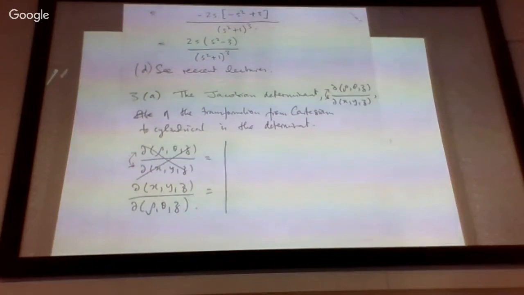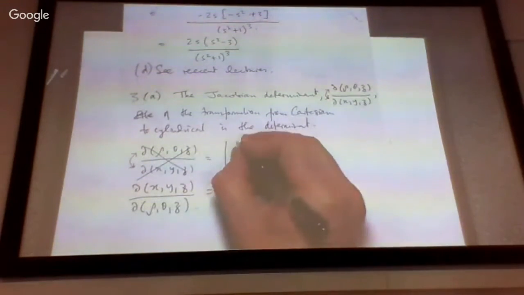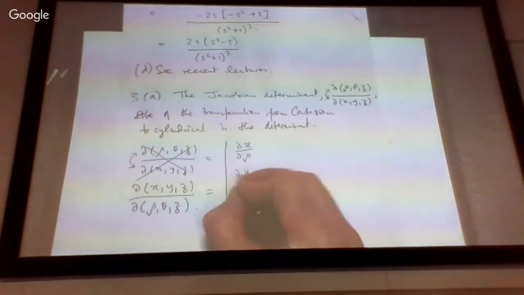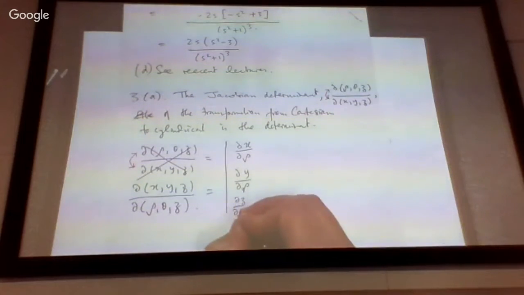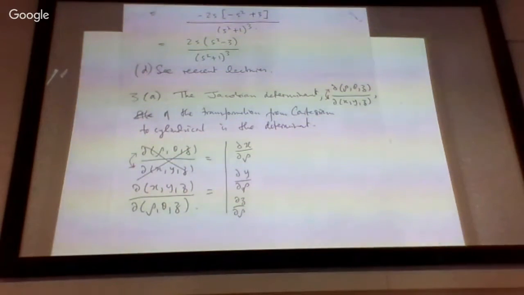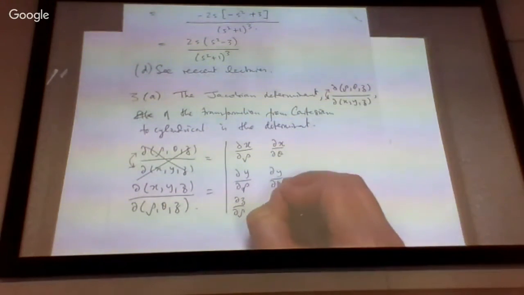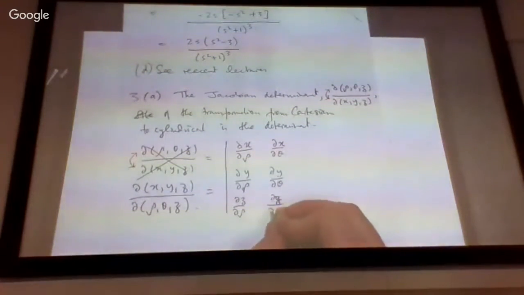The old variables are indexing the rows, excuse the pun, and the new variables are indexing the columns. So we have a rho column: dx d rho, dy d rho, and dz d rho. Then a theta column: dx d theta, dy d theta, dz d theta.